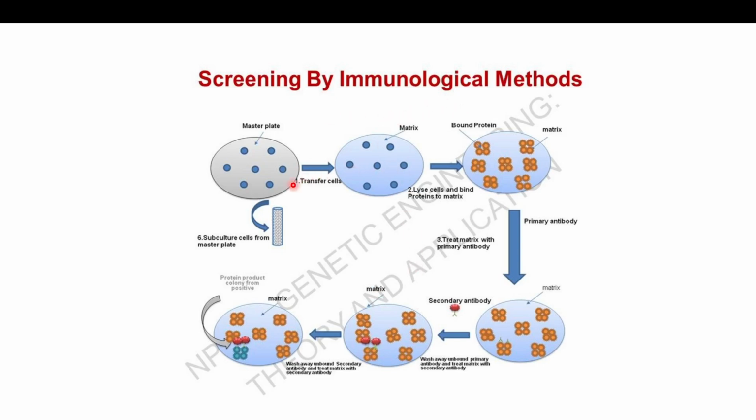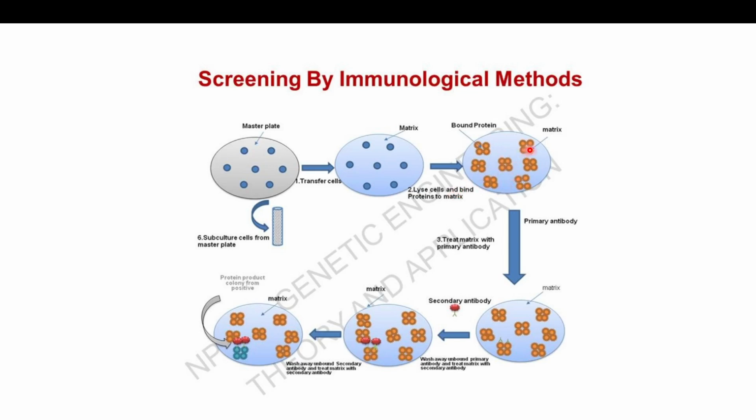Similarly, how you have the master plate, you have the matrix here, the colonies were transferred, and then those were grown on the membrane, and then you have lysed the membrane, exposed the membrane with the colonies or cells to multiple solutions for lysis, and now you want to probe the proteins present in the cells.